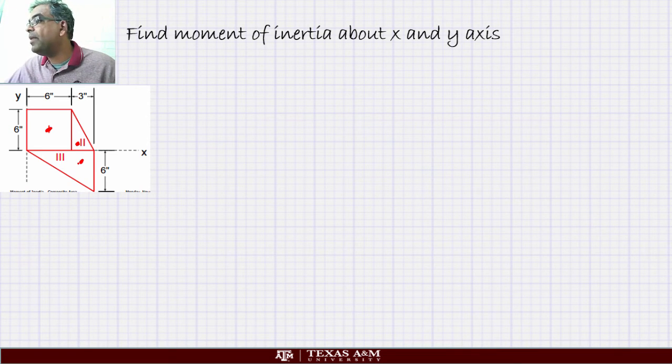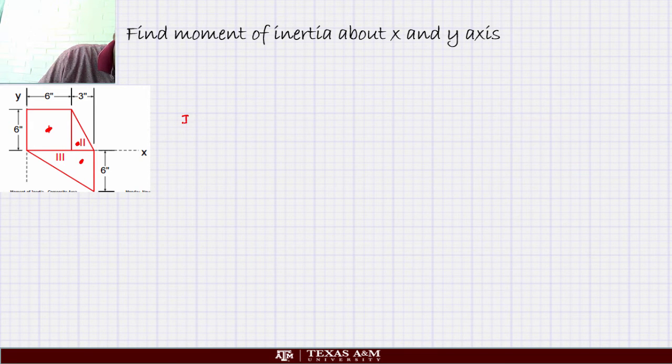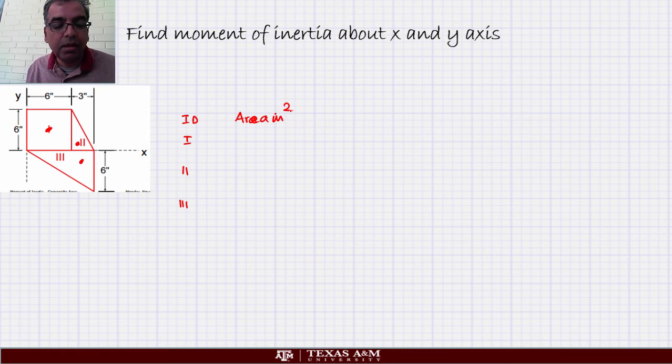I'm going to set up a matrix so that we can see where we are. So I'm going to do ID: 1, 2, 3. Then I'm going to have the area of these, and this will be in inch squared. The area of the first thing is very simple. It's 36.